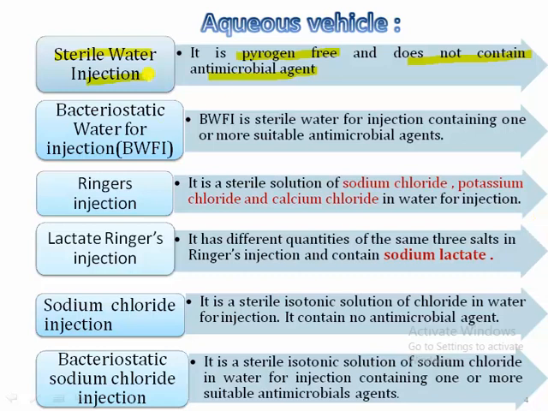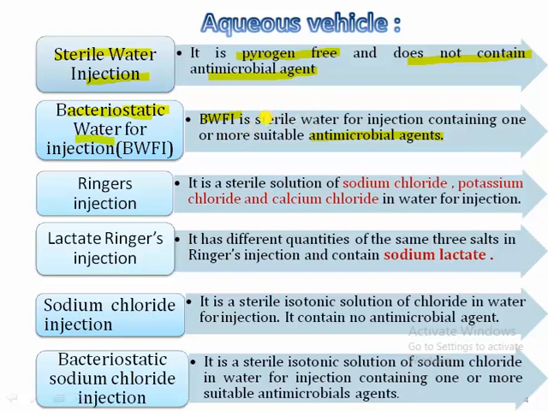But the next is bacteriostatic water for injection. What does this word suggest? Static means to prevent bacterial growth. So to prevent the growth of bacteria, we require antimicrobial agents. So what is BWFI, bacteriostatic water for injection?